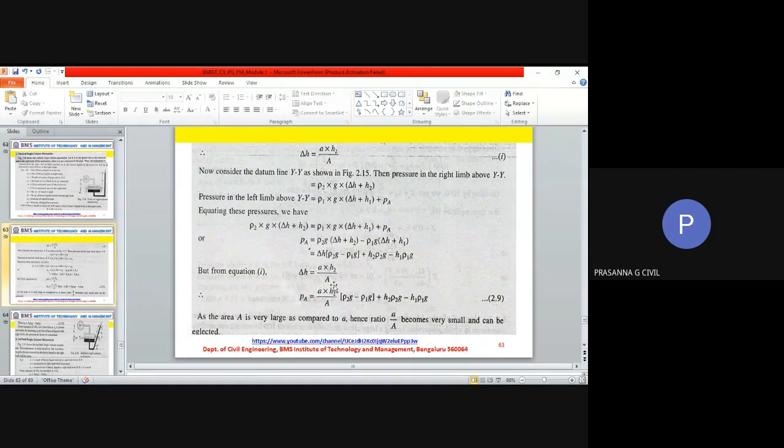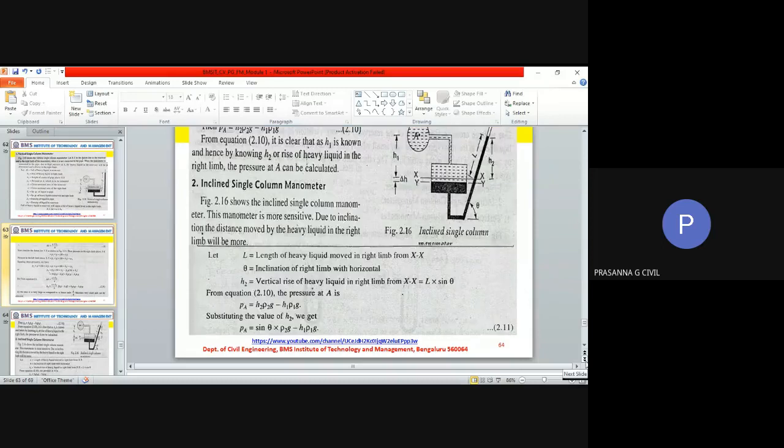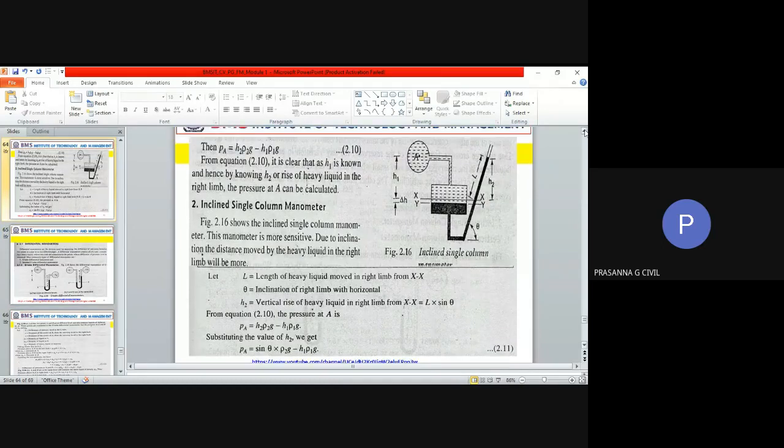H2 will be there. H2 into (rho 2G minus rho 1G) plus H2 into rho 2G. So you get 2 times rho 2G there, minus H1 rho 1G. So how will the equation become? The equation will get transformed to PA is equal to H2 rho 2G minus H1 rho 1G.